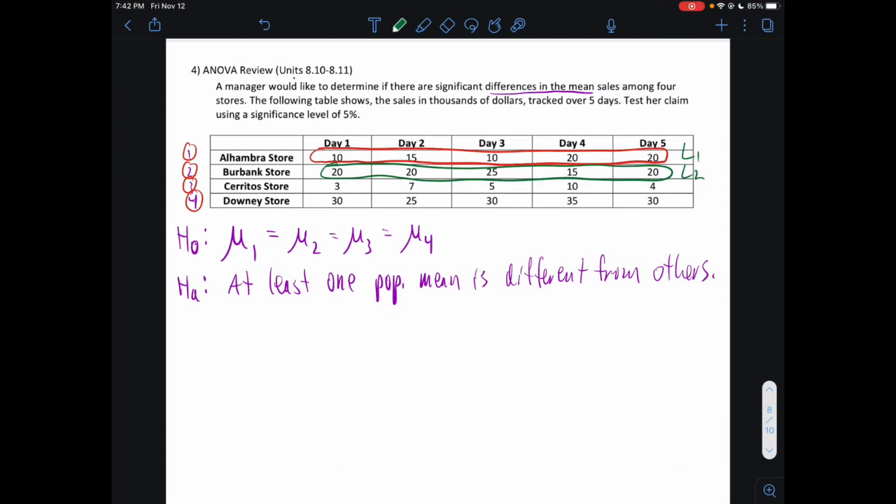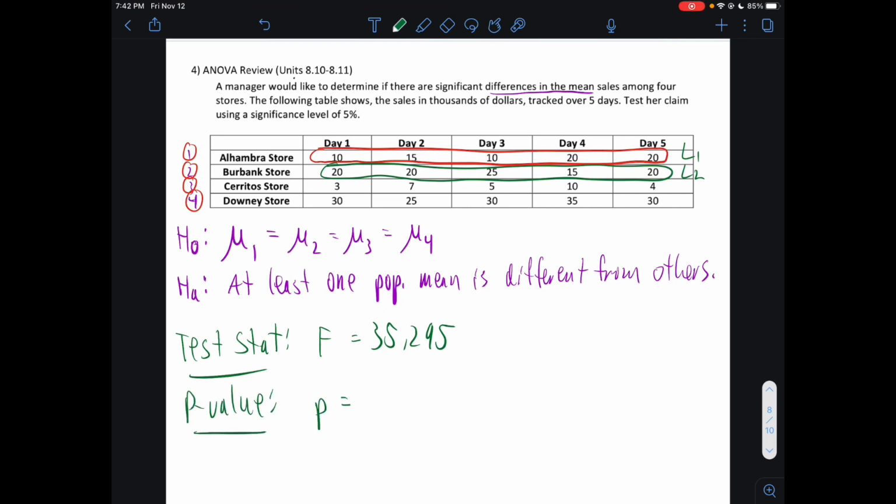Our test statistic, that's F. That was 35.295 when we rounded to 3 decimal places. The p-value, you can see that comes from your calculator, p equals 2.767, but you cannot forget about the E with the negative 7.